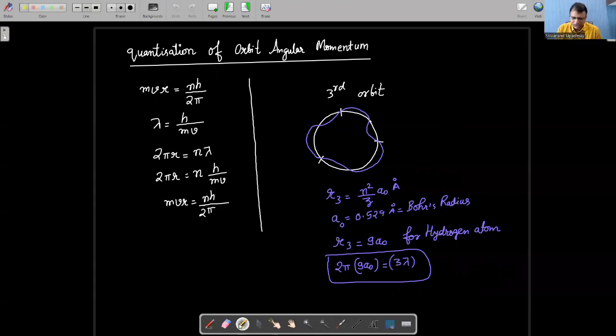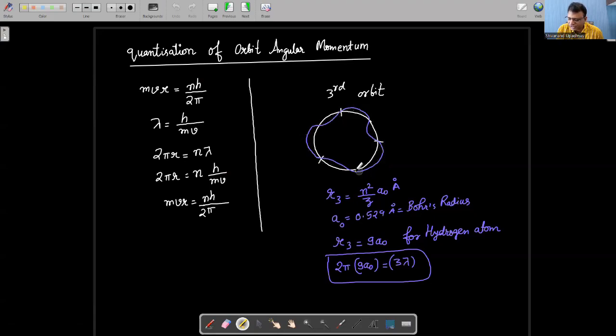According to the de-Broglie equation, lambda is equal to h upon mv, and we know that if this electron is behaving like a stationary wave, for a stationary wave the position of maxima and minima will be the same, and that can be possible when this whole path is an integral multiple of lambda.